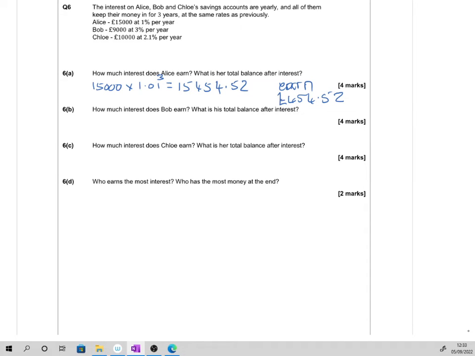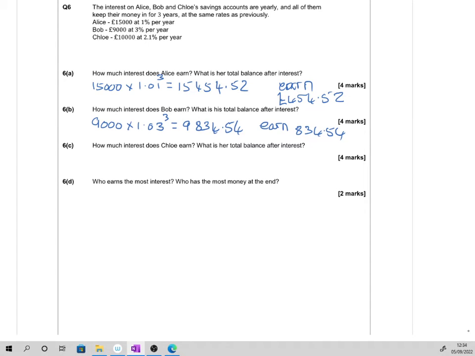So she earns 454.52. And Bob's got 9,000 times 1.03 cubed, which is 9,834.54, and he earns the difference between these two numbers, 834.54.